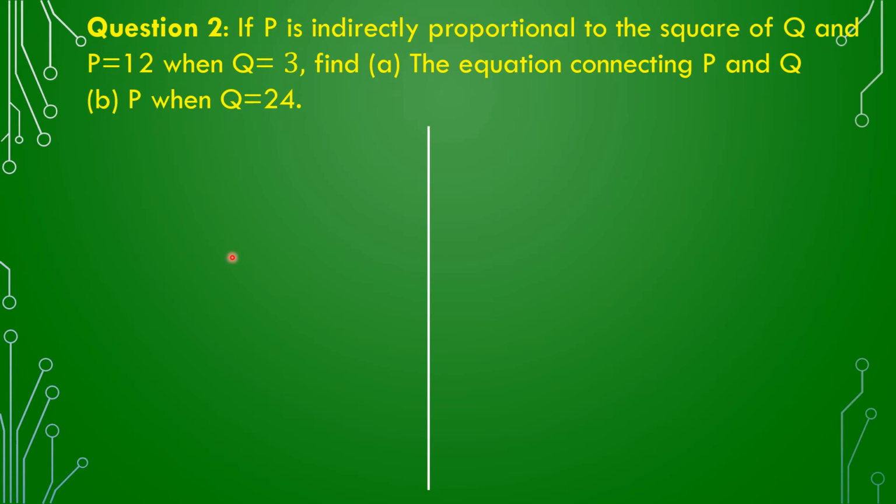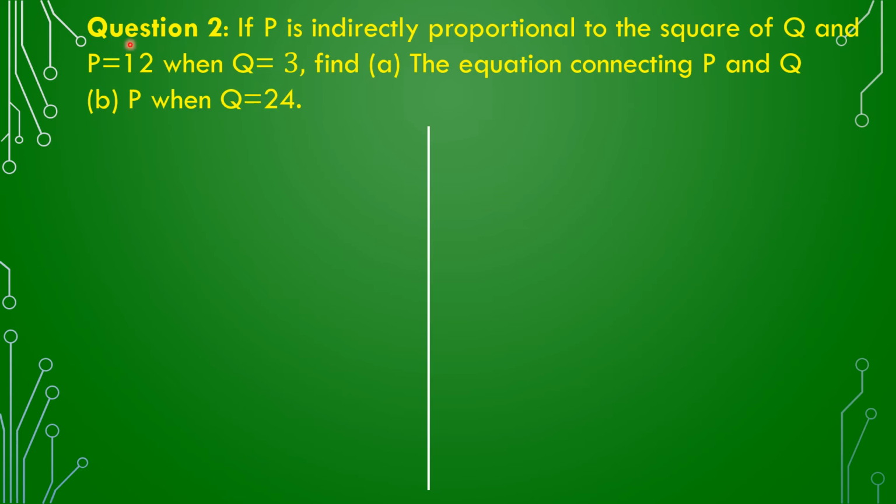Now let's take the last question for part 1. Question 2 says, if P is indirectly proportional to the square of Q and P is equal to 12 when Q is equal to 3, find A, the equation connecting P and Q, and also find B, P when Q is equal to 24.